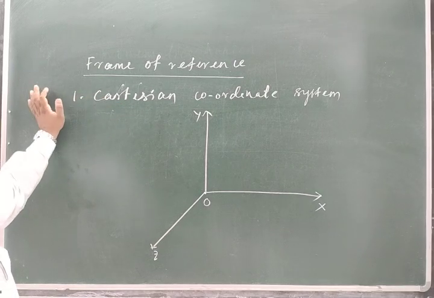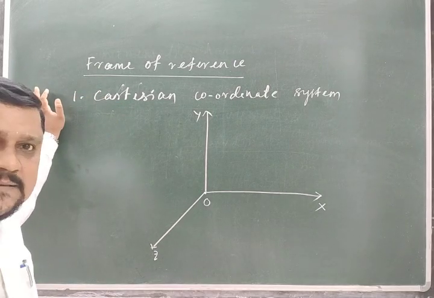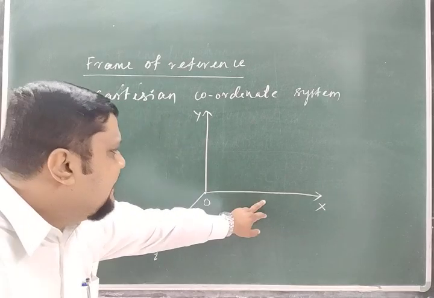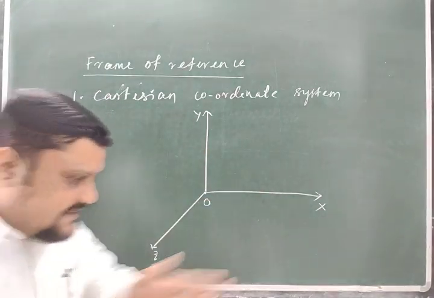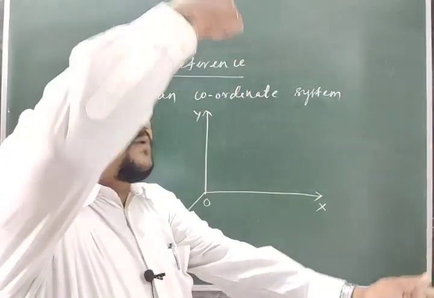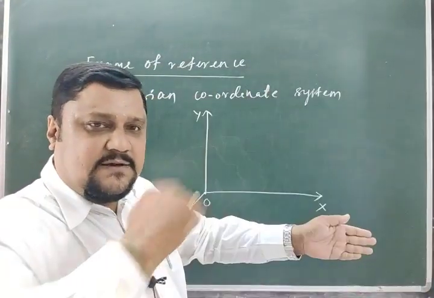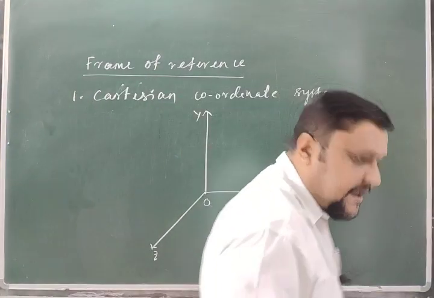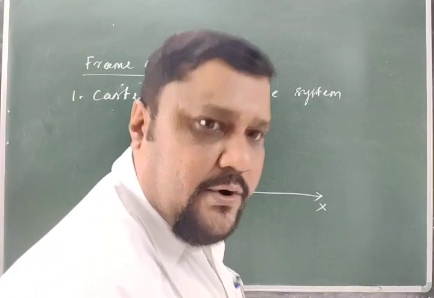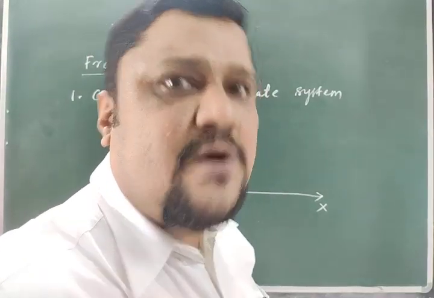In three dimensions there are three axes: x axis, y axis, z axis. This is my x axis, this is y axis, and the space is your z axis. If I go in this direction, that is the x axis. If I go up, y axis. If I go here, I am moving along the z axis.